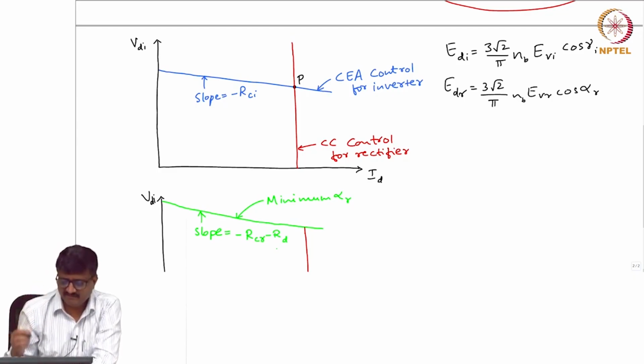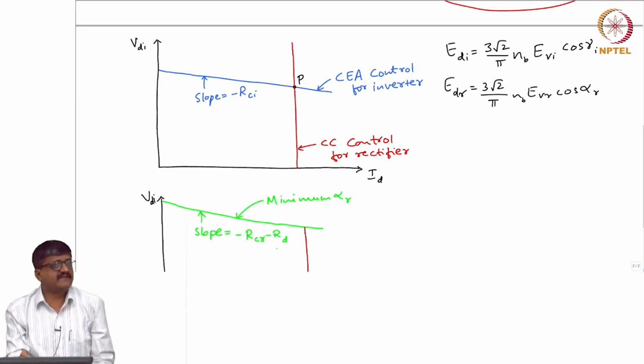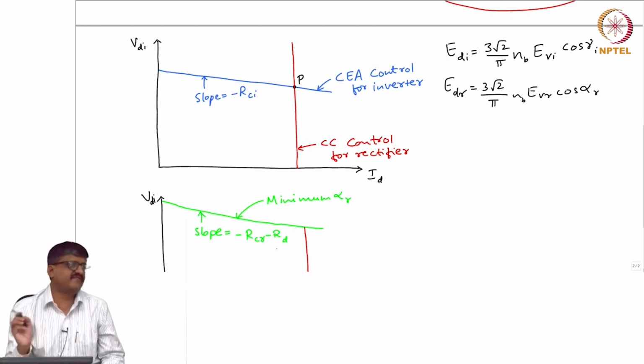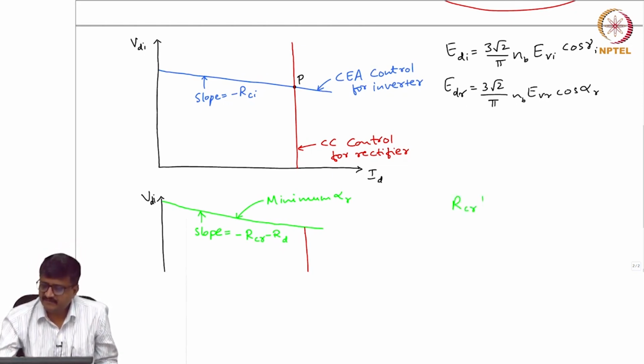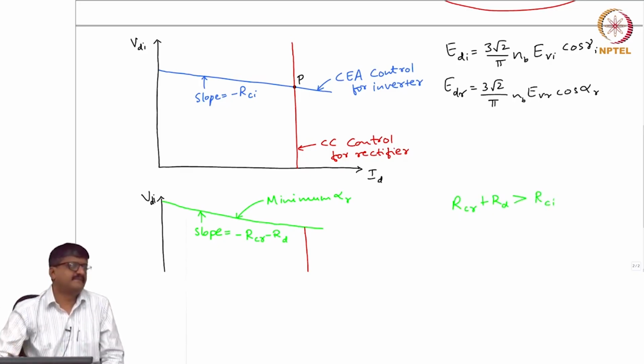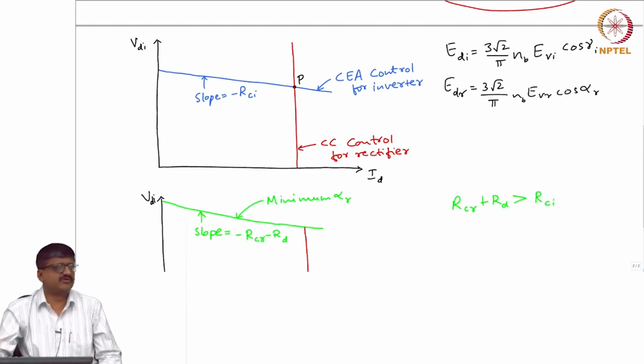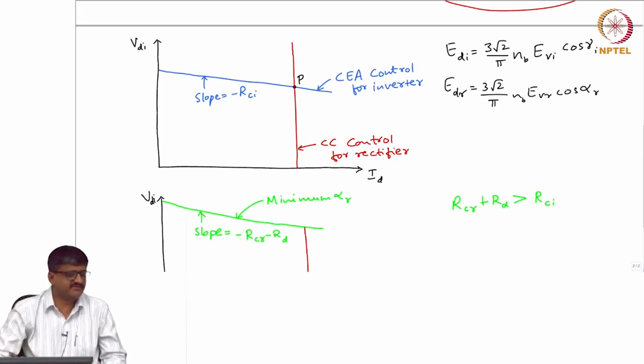So, that is why the slope of the minimum alpha R characteristics is larger in magnitude compared to the slope of the CEA characteristic for the inverter. See, what I am trying to say is RCR plus RD is greater than RCI, because RCR and RCI are close and RD is much larger than the difference between these two.